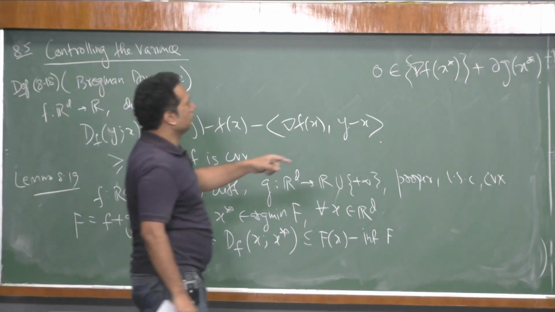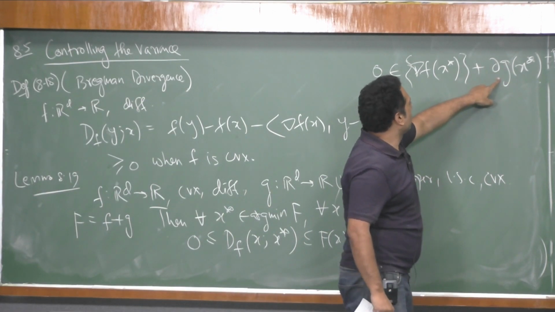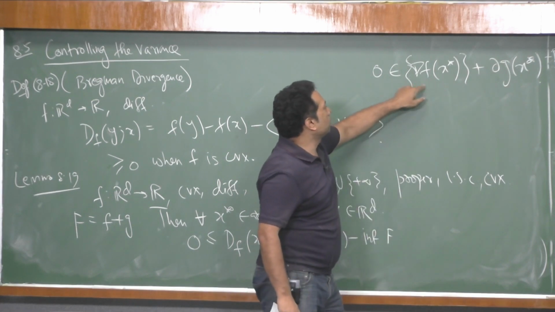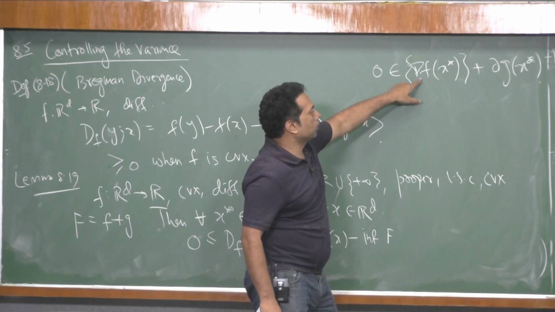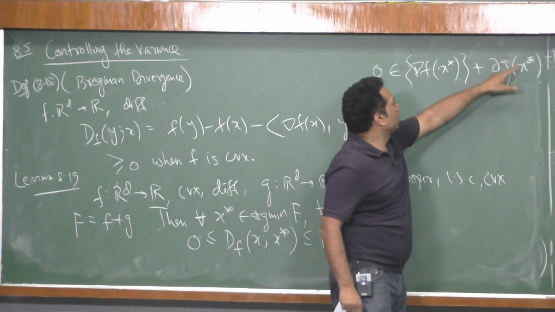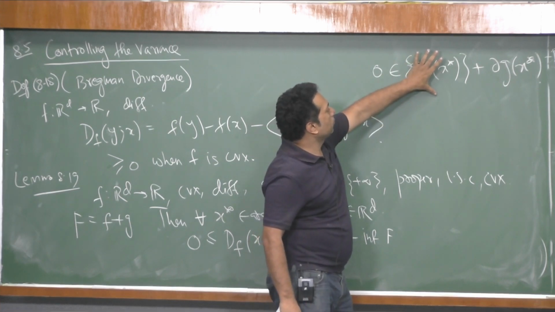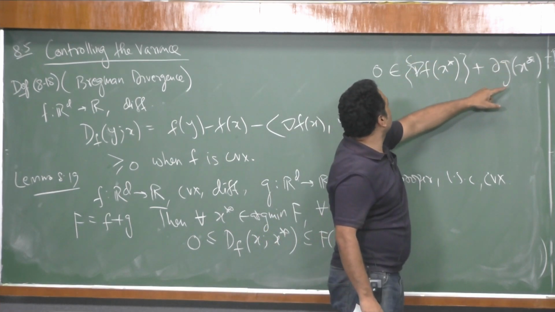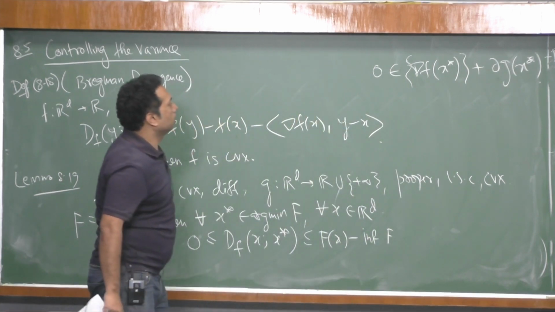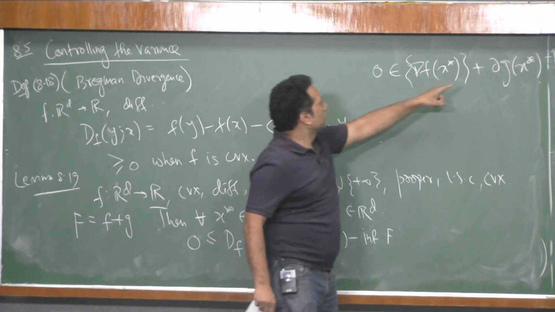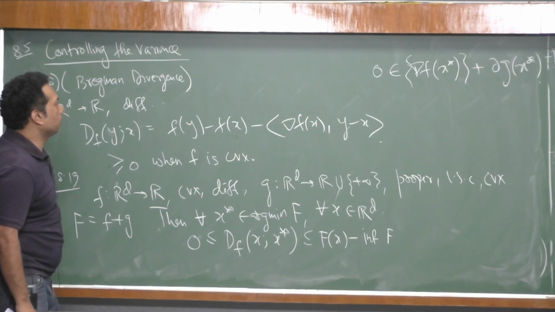We are saying that there will exist an eta star, and grad f is unique anyway, so the choice of eta will come from the subdifferential of g, basically the negative of the gradient, so that 0 is there, right?